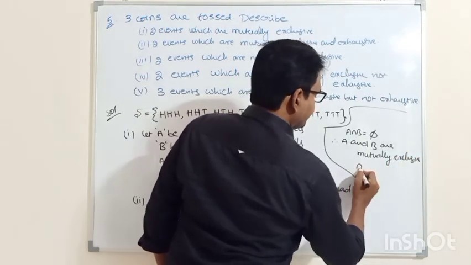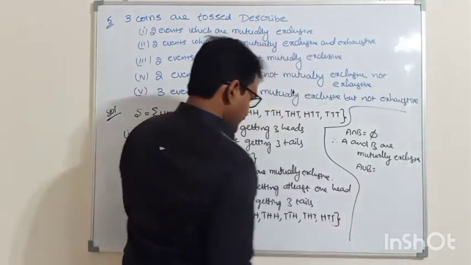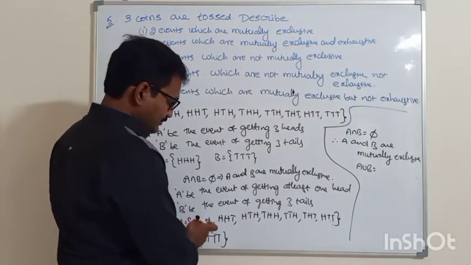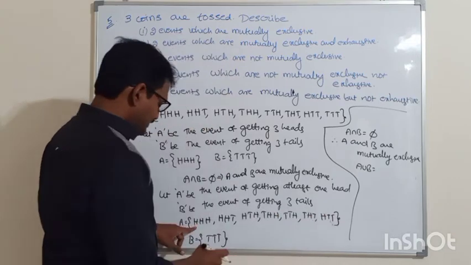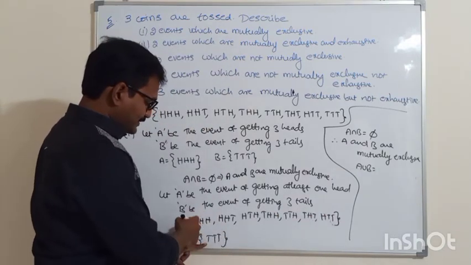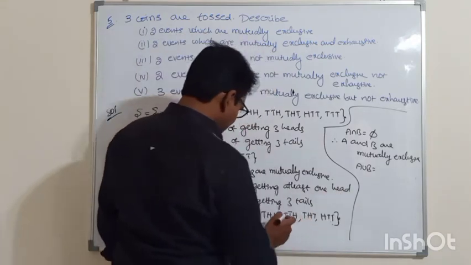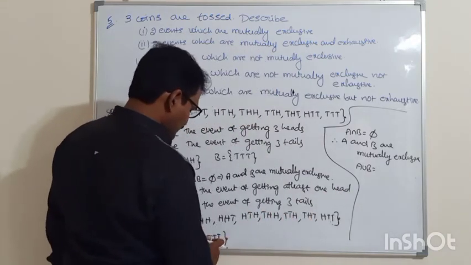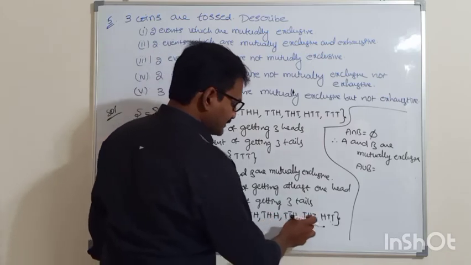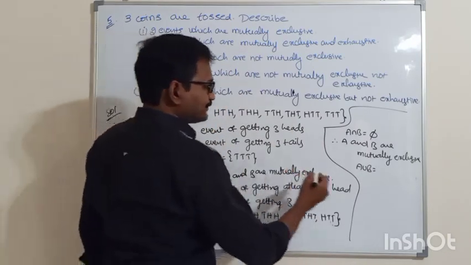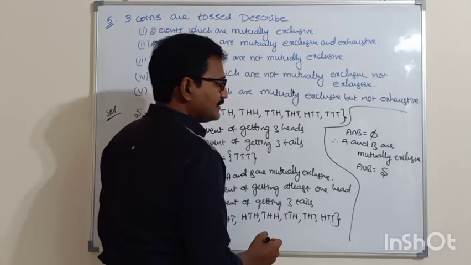Next, if you take A union B, it means we need to take all sample points of set A and all sample points of set B. So if you write A union B, you will get all the sample points. That means 1, 2, 3, 4, 5, 6, 7, 8. All sample points you will get, which is equal to S, the sample space.